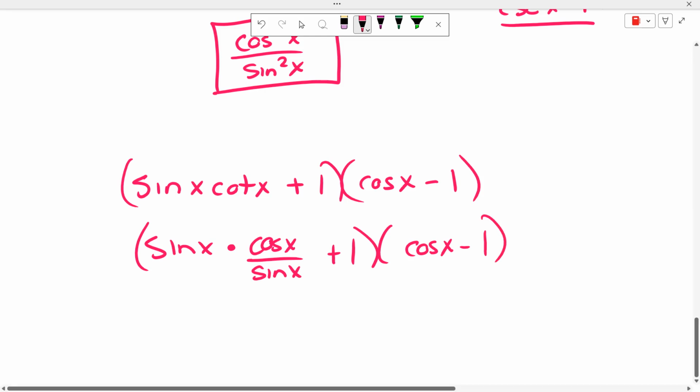And then what can I do to that? Since sine is being multiplied by cosine over sine, it's not the distributive property, since it's on the inside of the parentheses. Since sine is being multiplied by cosine over sine, what can I do?